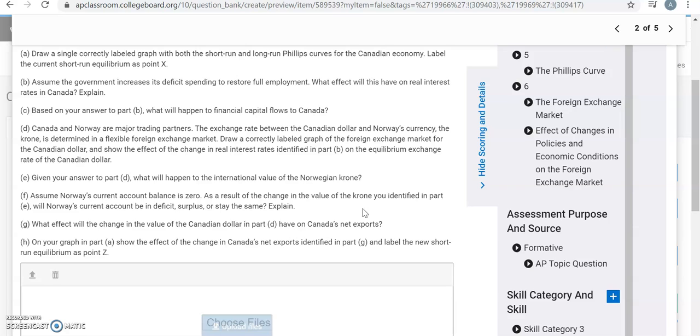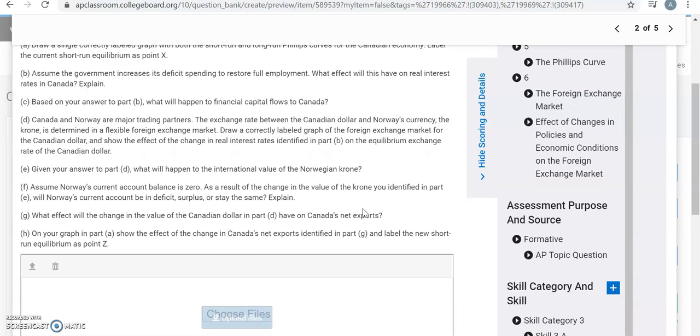All right, part E. What's it asking us? Given your answer to part D, what will happen to the international value of the Norwegian krone?